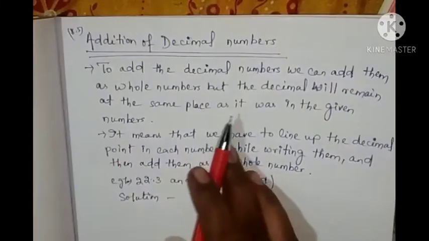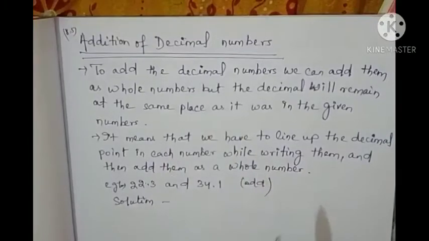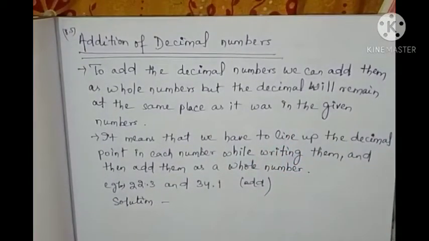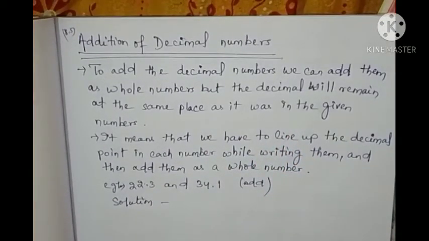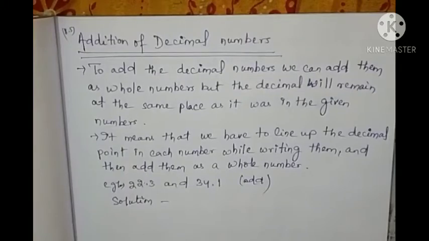To add decimal numbers, we can add them as whole numbers, but the decimal point will remain at the same place as it was in the given number. So you cannot displace the decimal point.